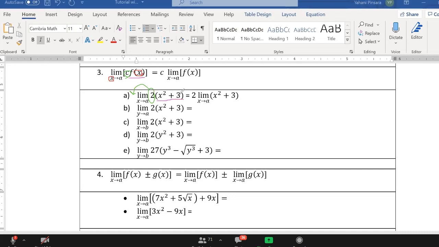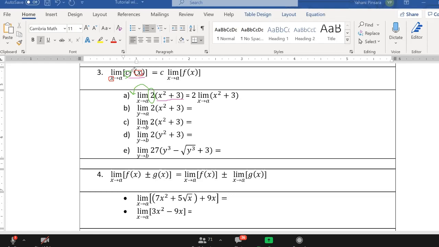In that case, this is becoming a function of the limit's variable, right? You can apply this theory only if you have a function of the limit's variable here.